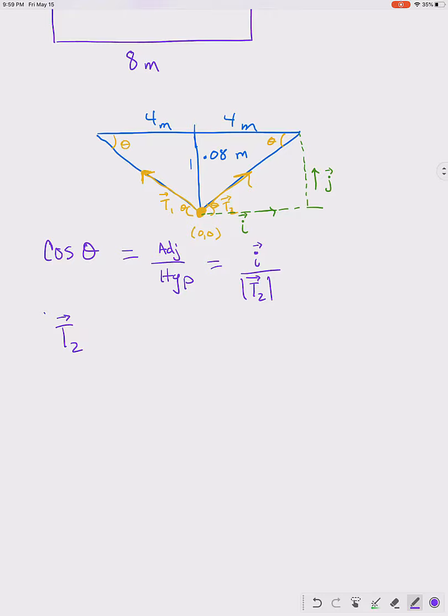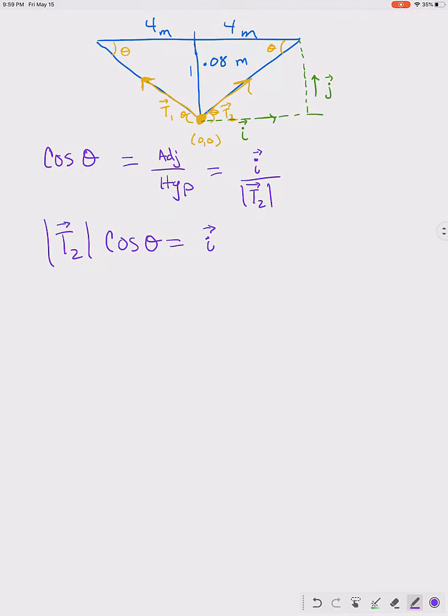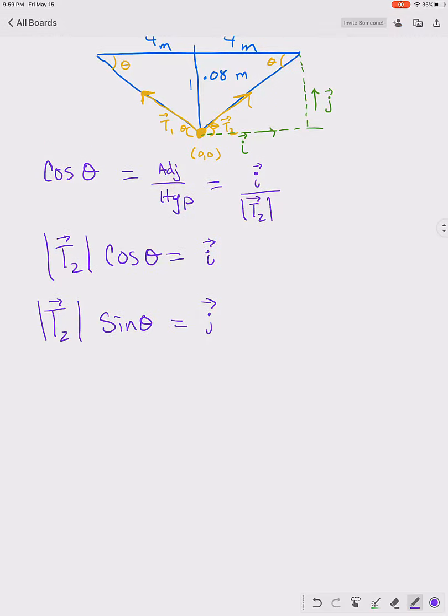So T2, take its length, multiplied by the cosine of theta, is equal to the I direction component of a vector. With a similar argument, I could do the same with sine, but in the J direction. Same idea.